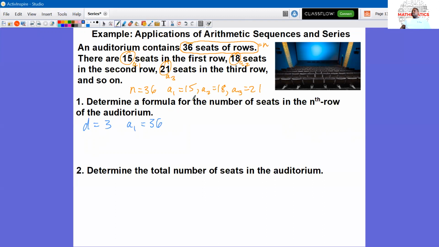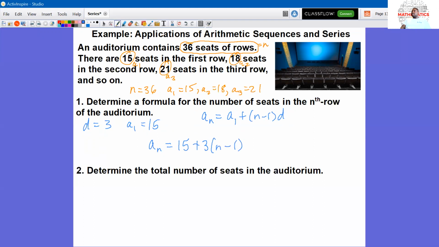So D is 3, and A1 is 15. I put 36 initially, and that's supposed to be 15. All right, so let's write our formula. An equals A1 plus n minus 1 times d, which is the formula. So An, the nth term of this sequence, is 15 plus 3 times n minus 1.